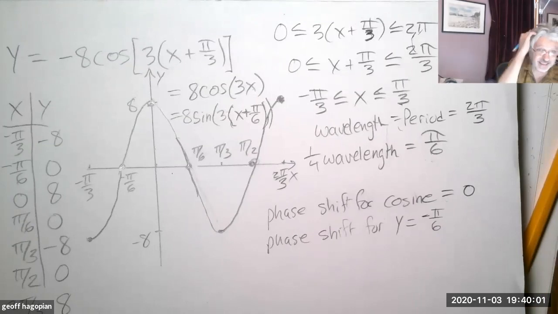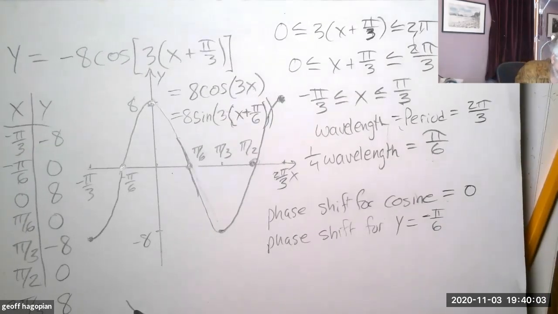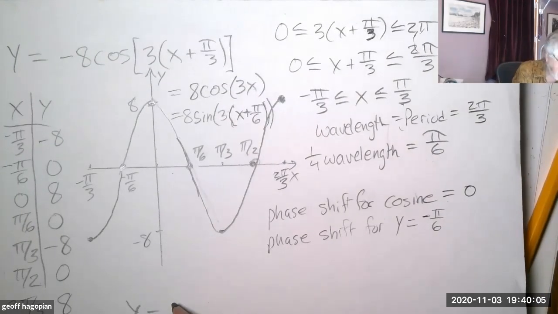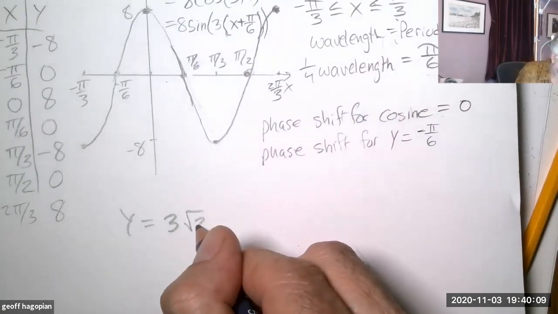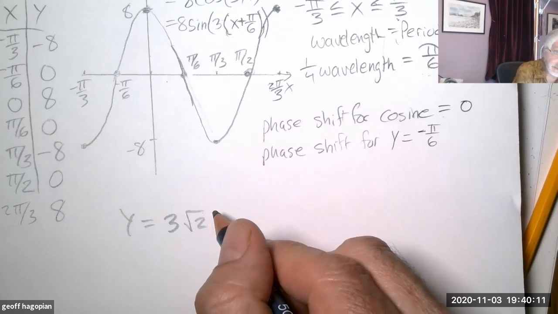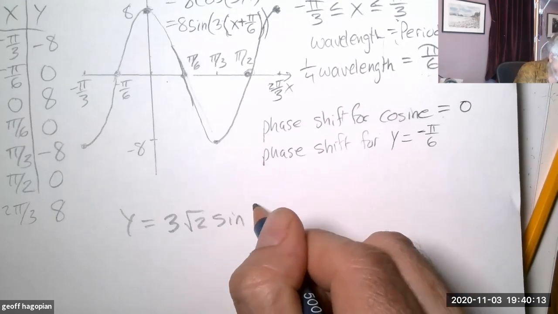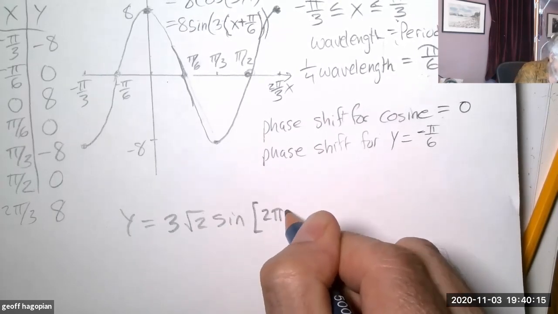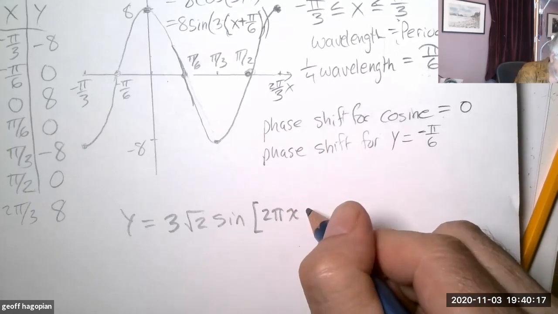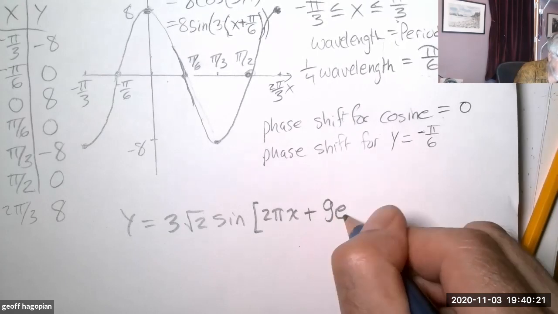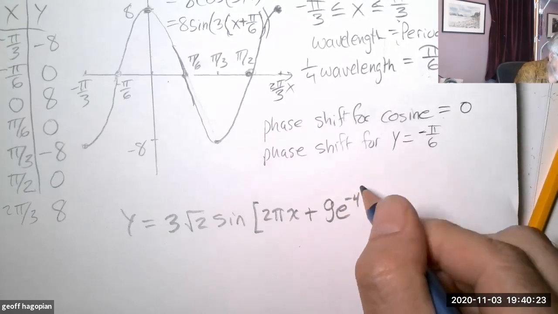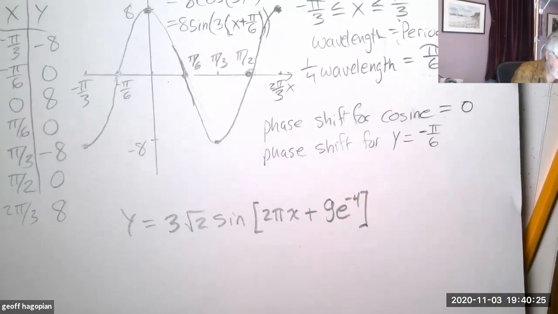So if you've got y equals, I'm going to write 3 times the square root of 2 sine of 2 pi x plus 9 times e to the negative 4. What the heck is e? Well, it's a little bit anachronistic.